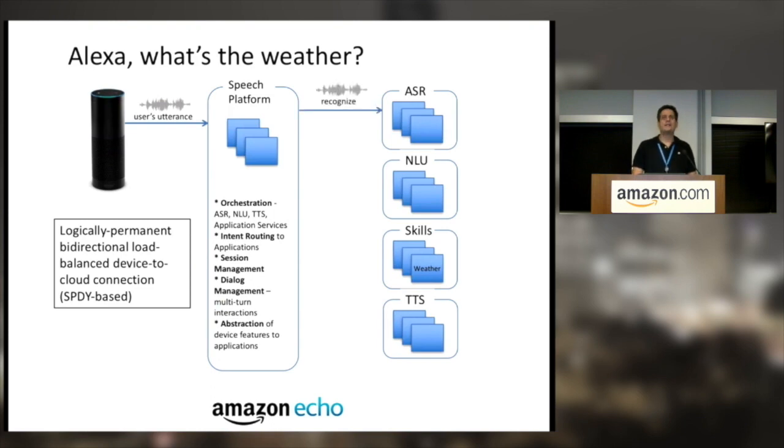The speech platform will send the voice to the automatic speech recognizer, ASR, and the ASR is responsible for converting the sound into text. The ASR will actually return multiple results with different significance, so it will return the n best results for this voice.